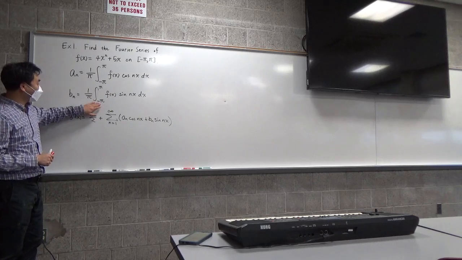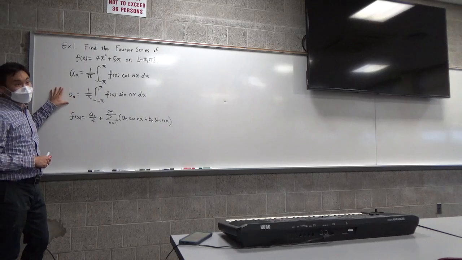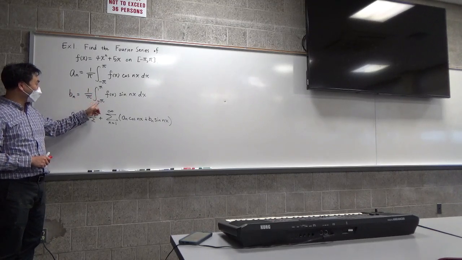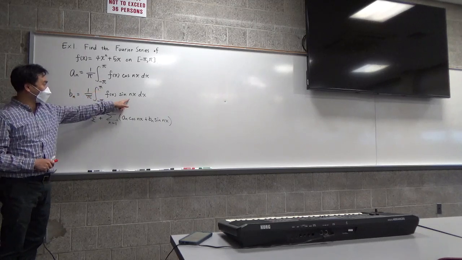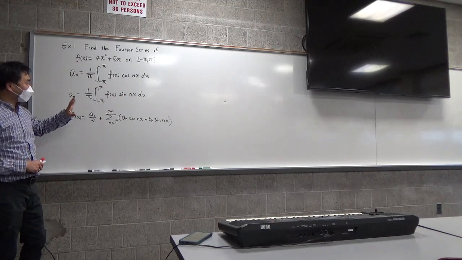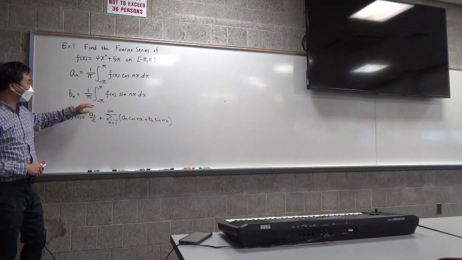Because the integrating domain is different, the formula will look slightly different. Moreover, this is not the most general formula. You could make a more general formula with negative L to L, 1 over L, and it will be slightly different. But if this is a periodic function, that's the same as integrating from 0 to 2L.